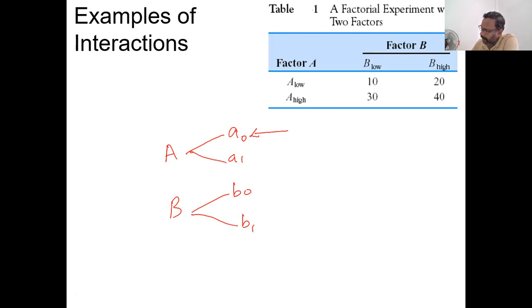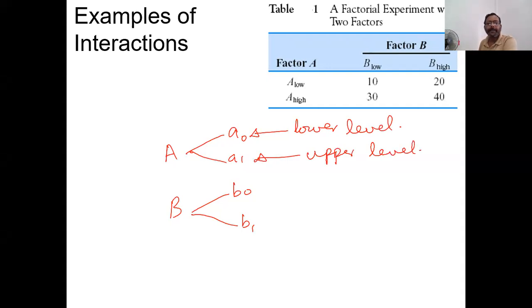Usually, these two levels of a single factor are basically called the lower level and the upper level.